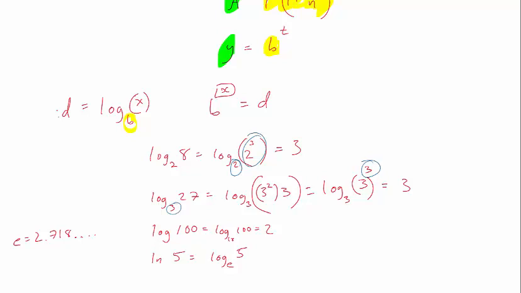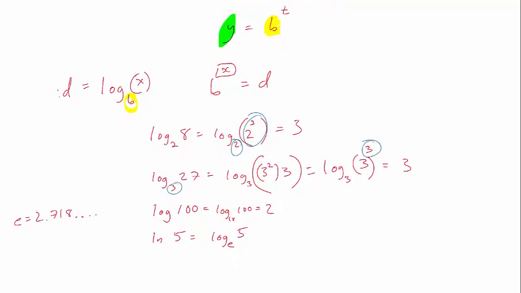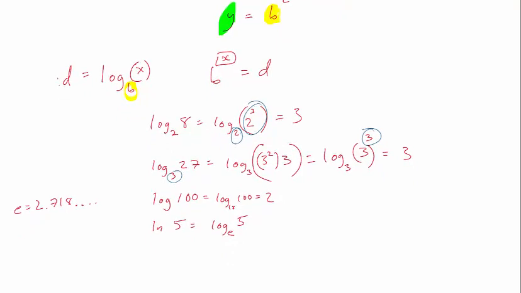So, it'll be around 2-ish when you plug it in. Without actually throwing it in the calculator, I'm not exactly sure what it would be, but you get the idea. We're just trying to figure out what exponent you have to put on here to get this number here.